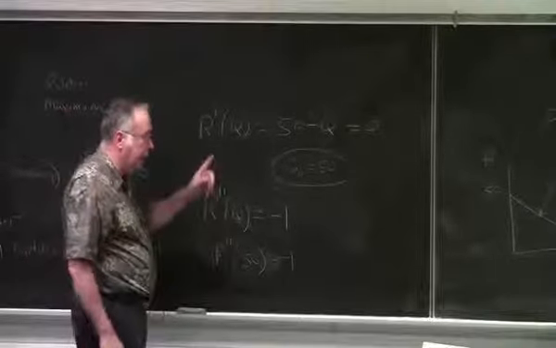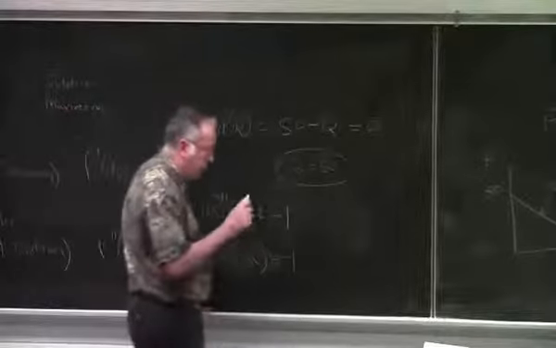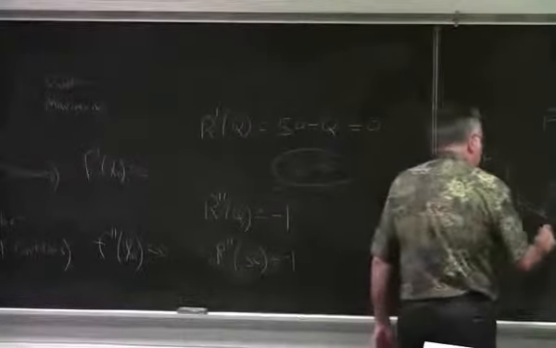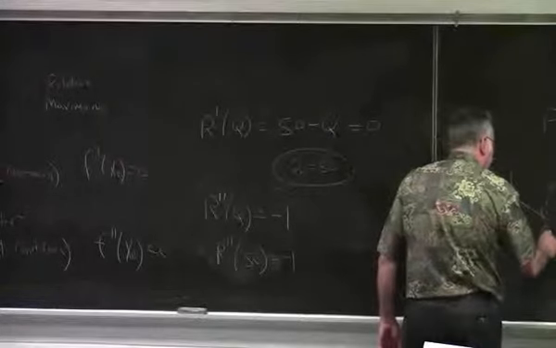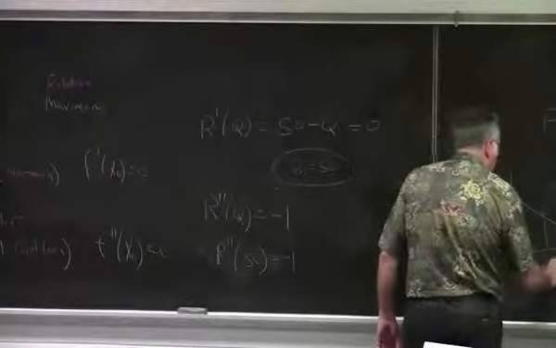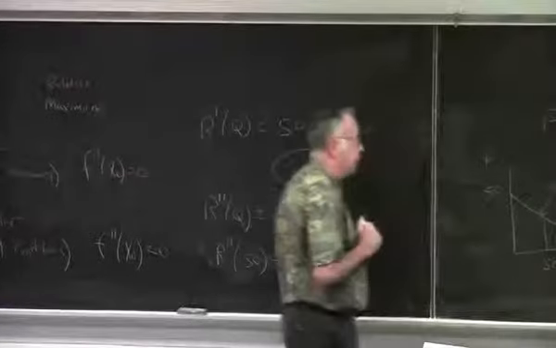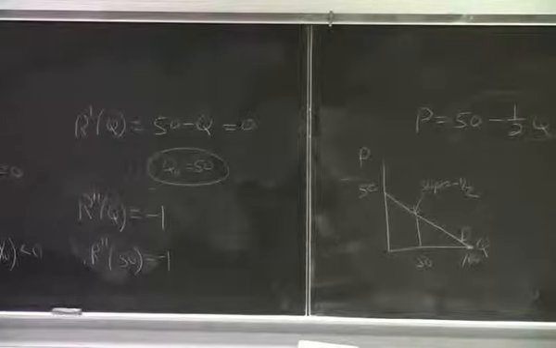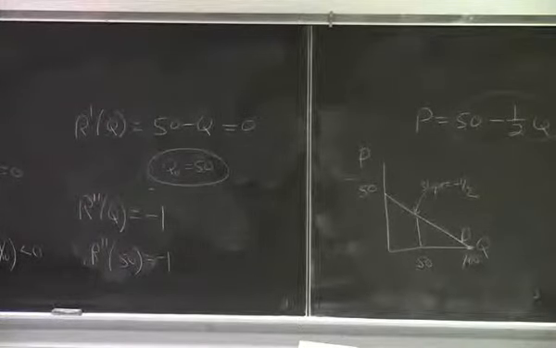Okay. And again, let's graph it. Oh, let's note one more thing before I leave this demand curve. If Q equals 50, what does that mean about the price being charged for this product? If you're producing 50 units, what price is the monopolist going to charge? 25.